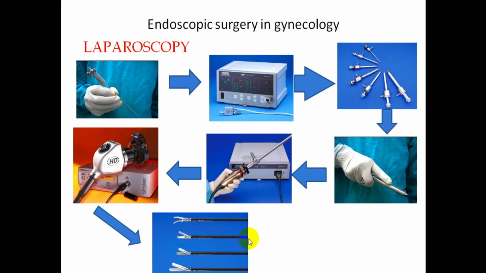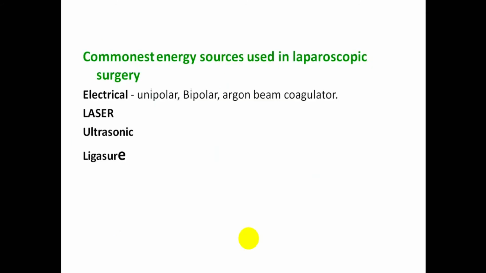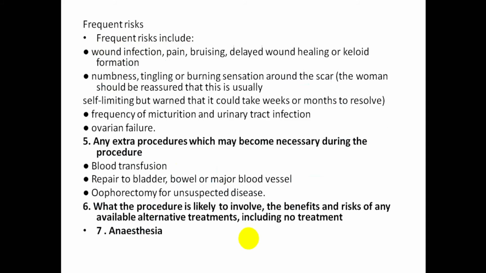Frequent risks include wound infection, pain, bruising, delayed wound healing, numbness, tightening, and frequency of micturition, ovarian failure, and any extra procedure which may become necessary during the operation, such as blood transfusion, repair of bladder or bowel injury, and repair for unsuspected disease. But the procedure is likely to involve benefits and risks compared with any available alternative treatment, including no treatment.